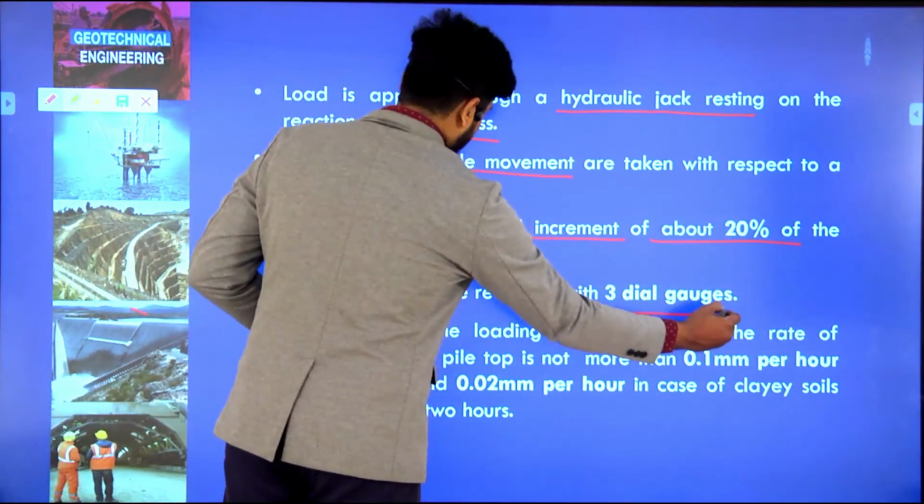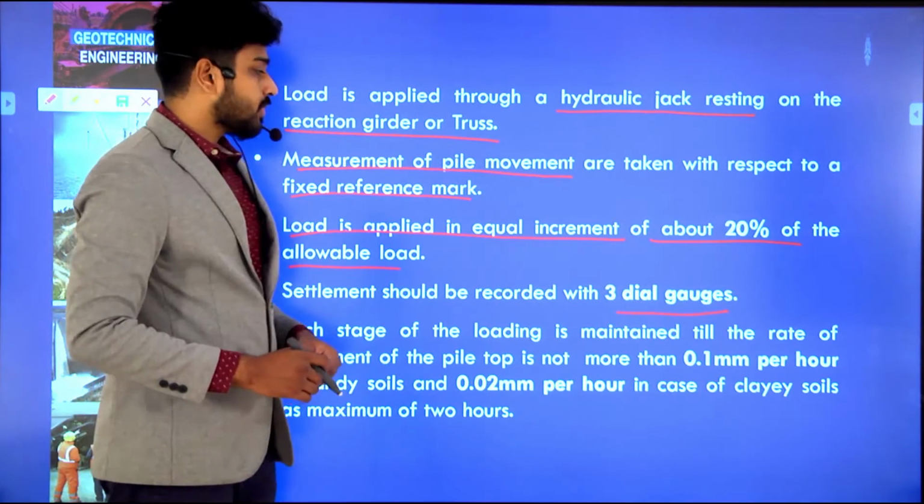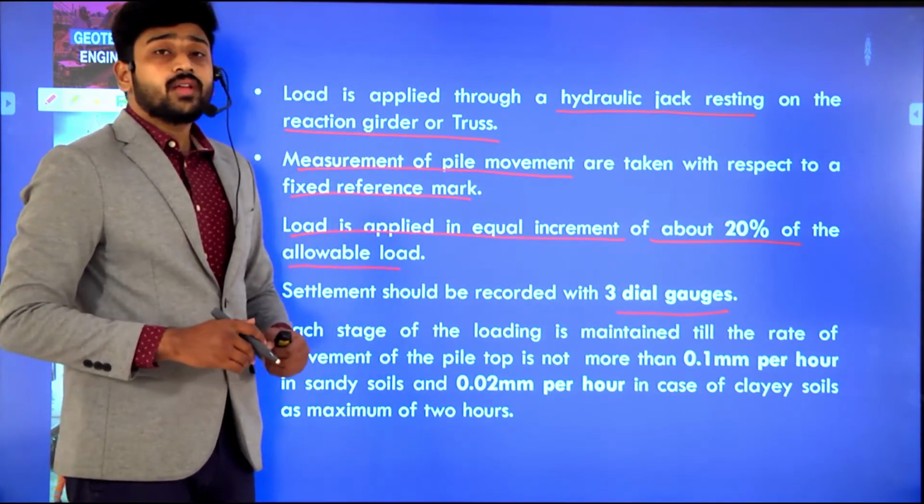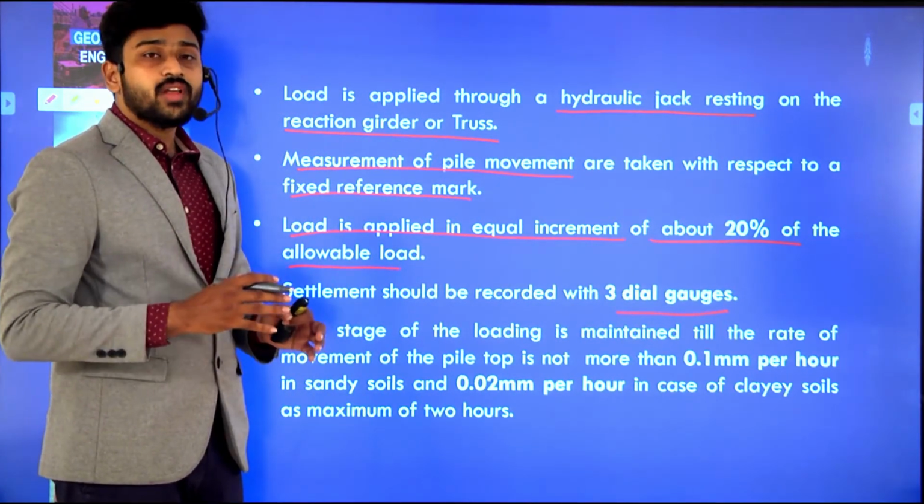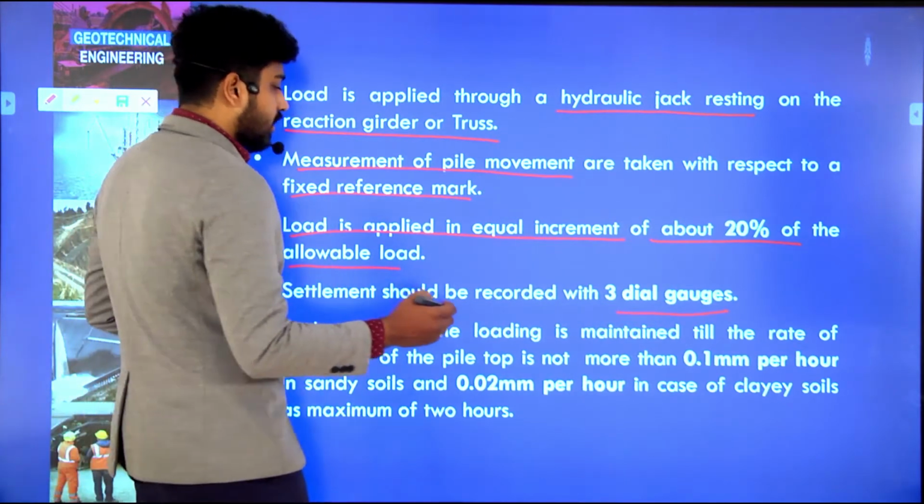Apart from that, each stage of loading must be maintained up to a certain limit.